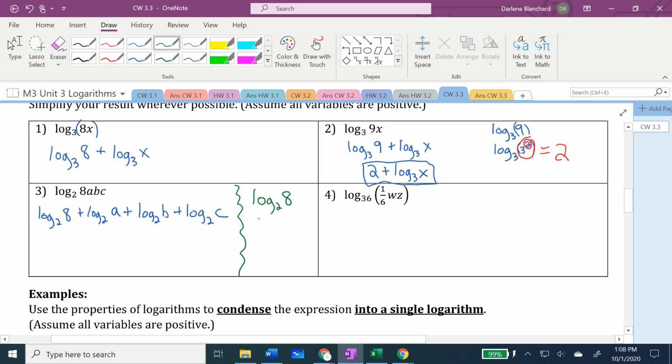Log base 2 of 8 is log base 2 of 2 cubed, and that means good old plain 3. So the final answer of this being as simplified as possible with expansion is as follows.